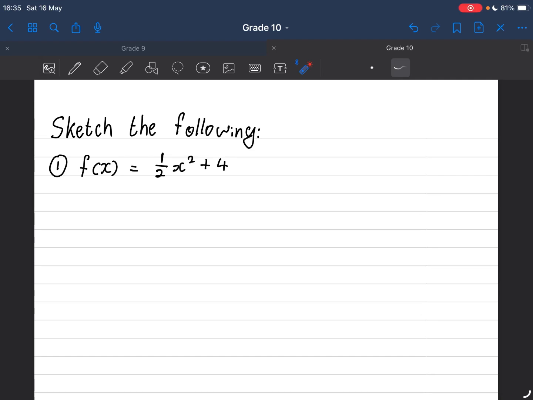Alright, so for this video, we're going to talk about sketching a graph. Following the previous video, which was introducing and explaining the parabola or the quadratic function at the grade 10 level, we're going to try and sketch a quadratic graph. Now, how do we know this is a parabola?